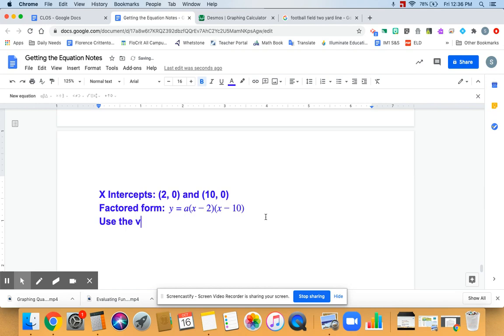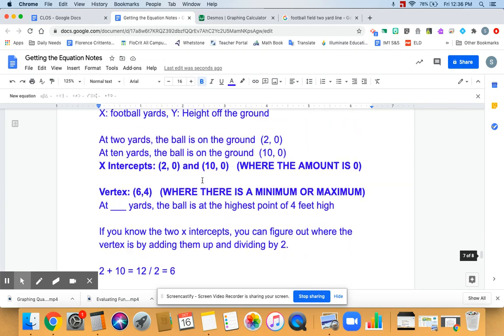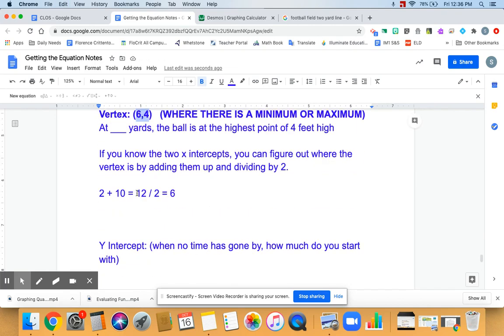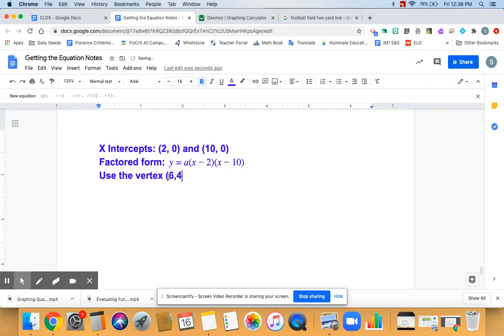This time I'm going to use the vertex, because that's the other thing that we know. So the vertex right now is at 6, 4, to figure out the a value.